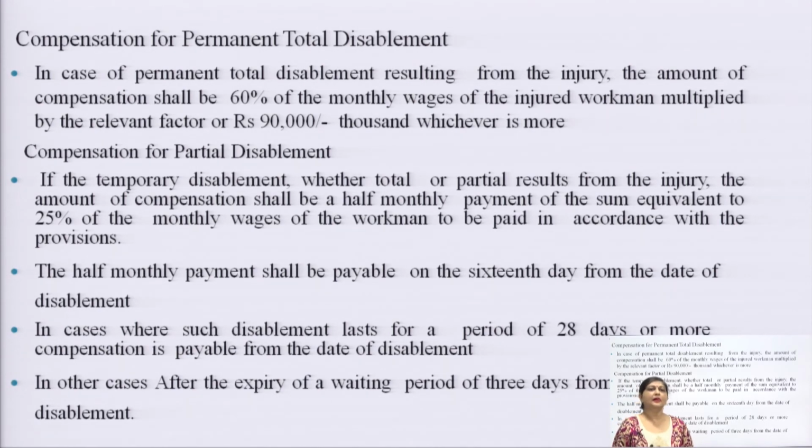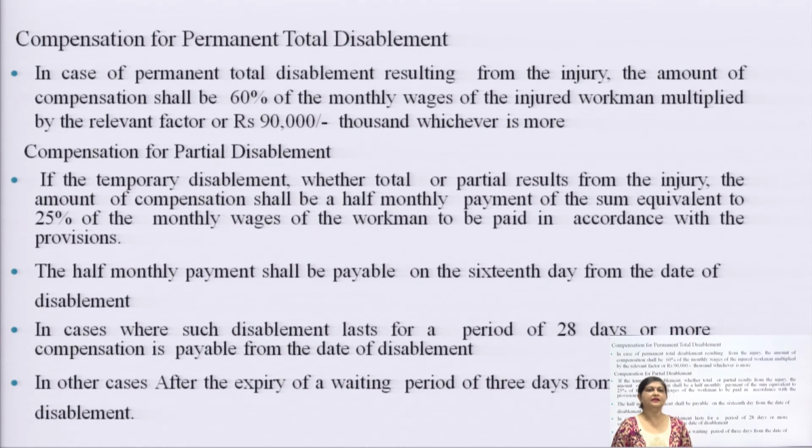Now, next is compensation for partial disablement. Partial disablement means some injury caused to the workman, where he has lost his finger or he has lost his hand or something like that. This is called partial disablement. So, in that case, how will we calculate the compensation?